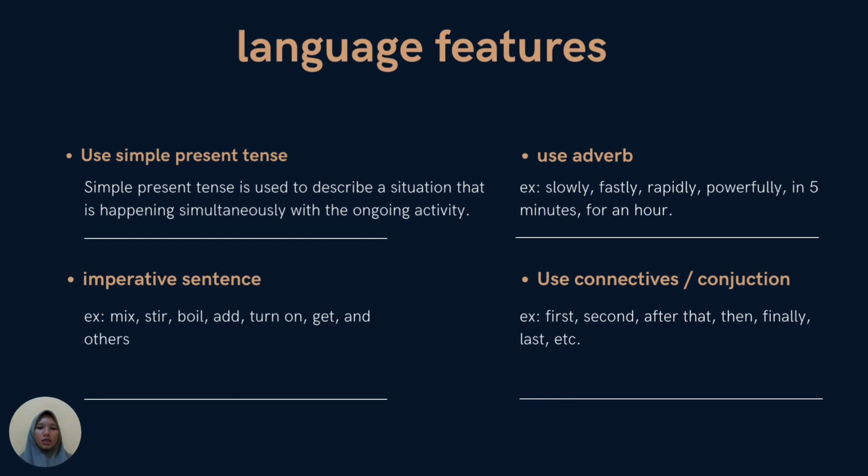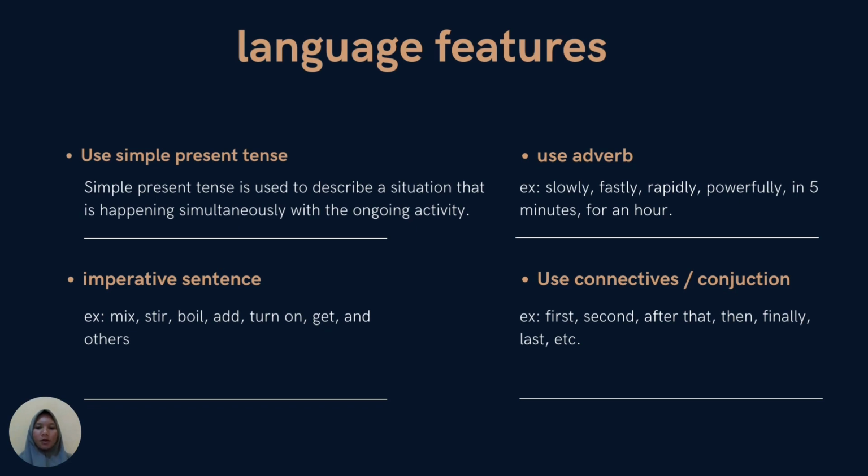The third is use adverb, to provide information about time or duration in procedural text. Example like slowly, fastly, rapidly, powerfully, in 5 minutes, or for an hour, and etc. And the last for the language features is use connective or conjunction.